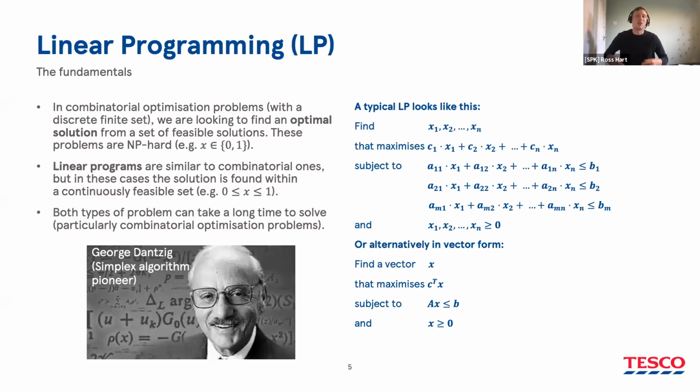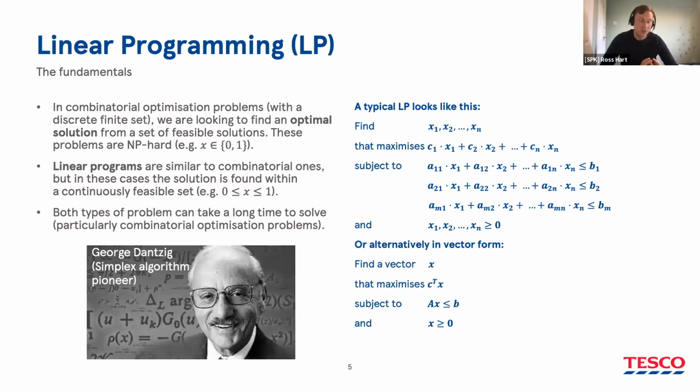The first working algorithm to solve these kinds of problems, these linear programs, was developed in the 1940s by this guy here called George Dantzig. He was basically trying to solve a problem about staffing, quite similar to the one in my previous job, where he was trying to work out what the optimum number of people to have in different roles would be.